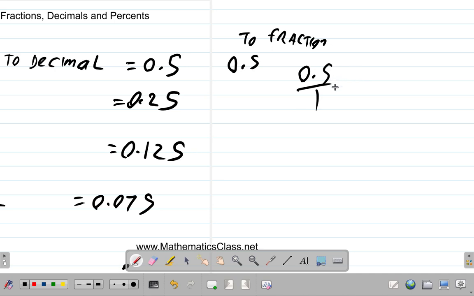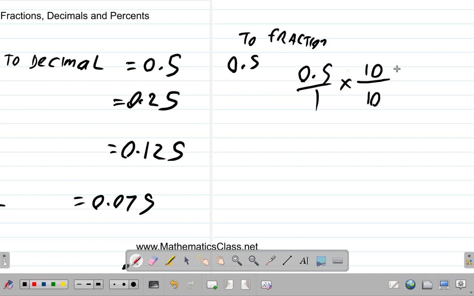is to multiply by 10 or 100 or 1000 and so on. So if you multiply 0.5 by 10, you multiply the top by 10, and you have to multiply the bottom by 10 too.